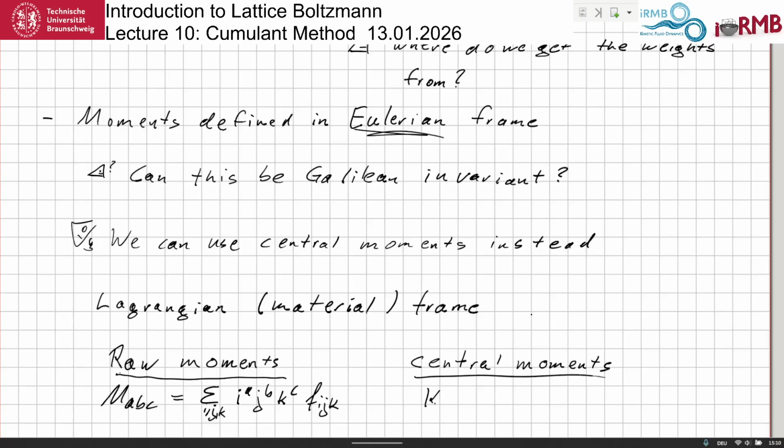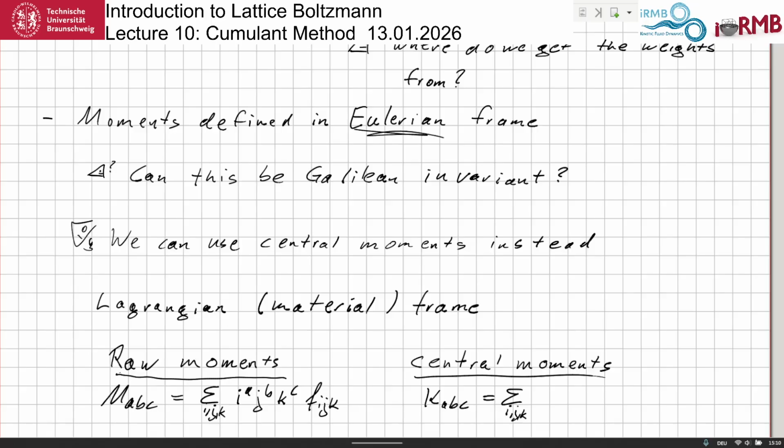So I write central moments with K: K_abc is equal to the sum over i, j, and k. Now what we are doing is we take the moments with respect to the frame of reference that is moving with the fluid.